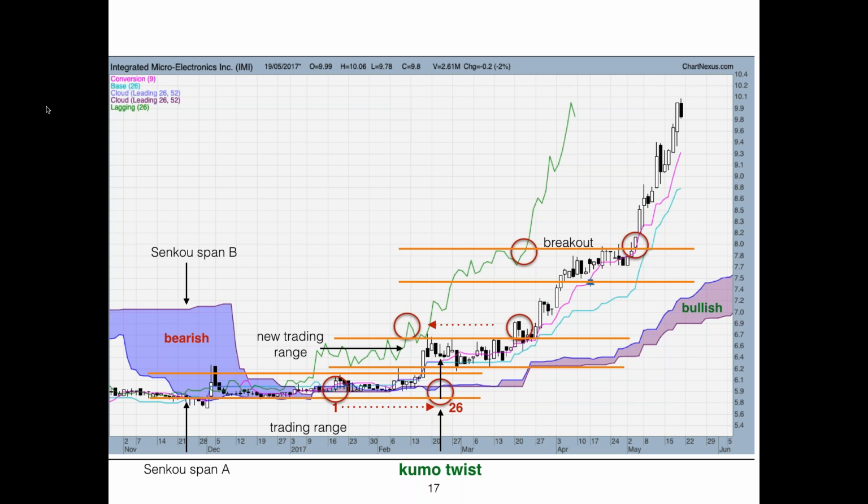As long as the Ichimoku elements are above the Kumo, including the price, this will still remain an uptrend. You just have to watch for bearish signals moving forward. But yesterday, IMI made a bearish candlestick. However, despite this bearish candlestick, price is still above the Tenkan-sen.